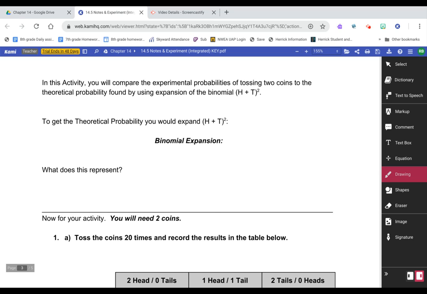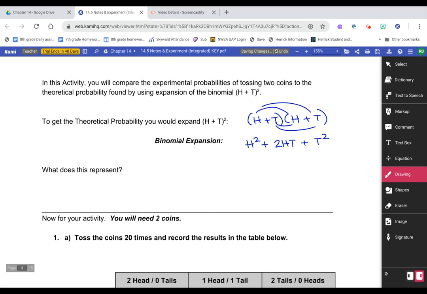Let's expand this binomial. So (h plus t) squared, this one is a lot easier than example 2. When we FOIL, we end up with h squared plus ht plus ht, so 2ht plus t squared.